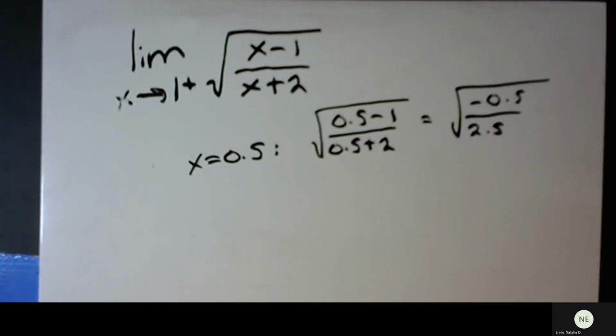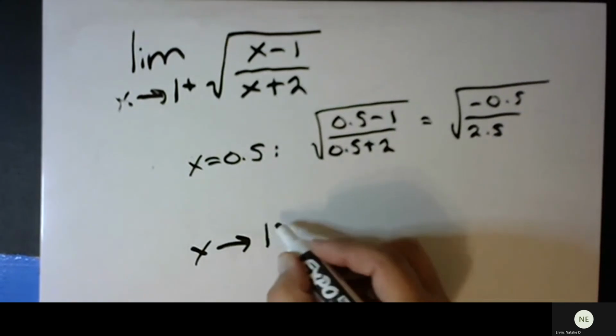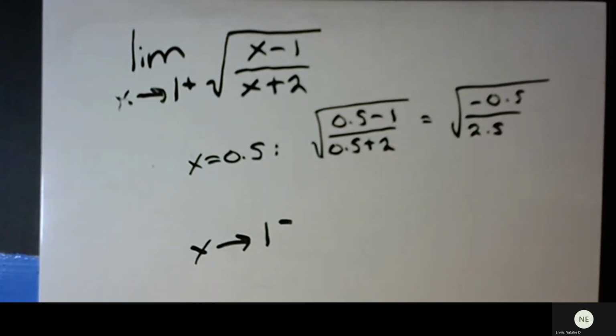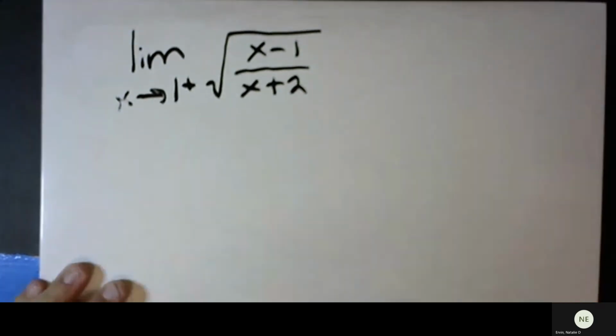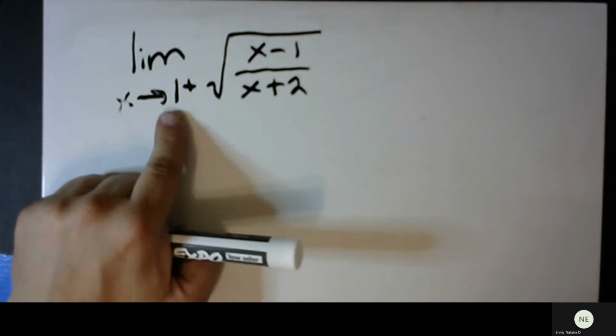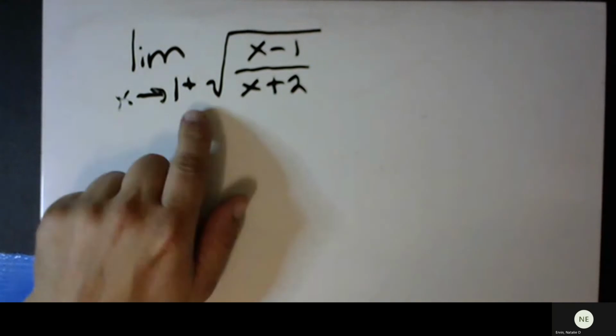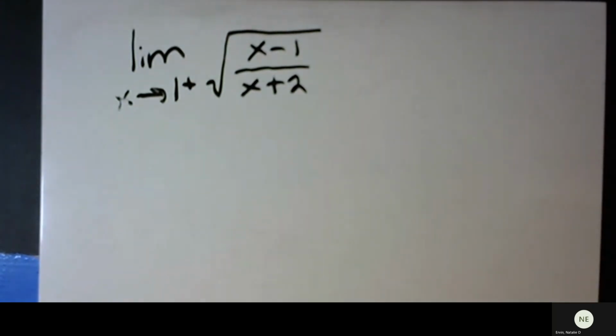So for domain values just to the left of 1, we actually don't have a limit. We're not going to be able to take a limit there. So for this one, we can only take the limit to the right of 1, not to the left of 1. So that was a misstatement. I apologize. Only to the right of 1.